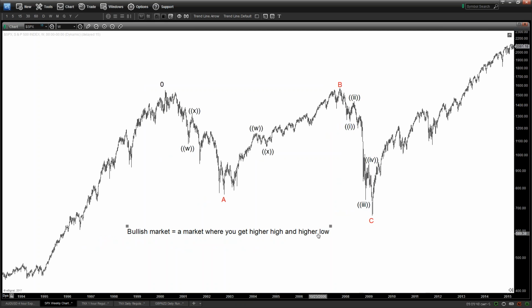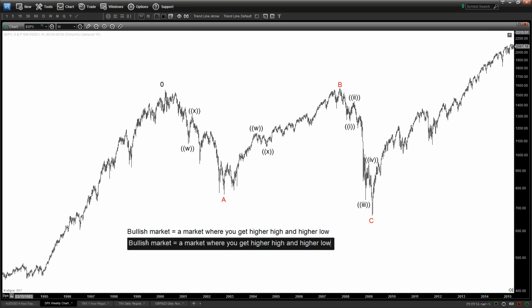Right? Everybody understand that? Same idea with a bearish market, the other way around. A bearish market is a market where you get a lower low and lower high.